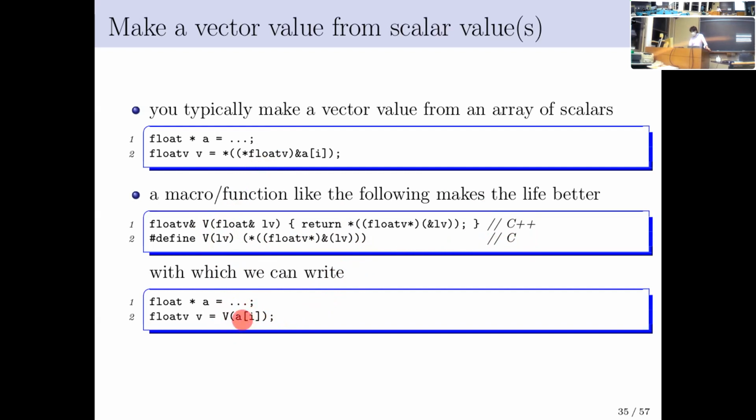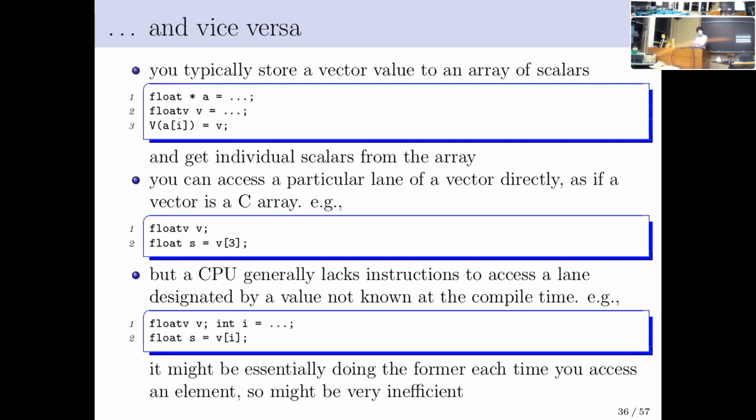Whenever you have an array element of a float scalar value, you just write a b of a scalar location. Then you get a vector starting from this element ai, 16 consecutive elements of the array. This is typically the way you make a vector from an array of floats.